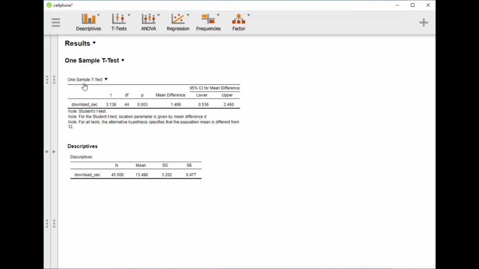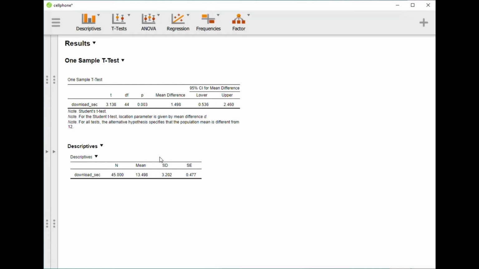So we see this bottom table, the descriptives, this is summarizing some of the information we already knew. She downloaded 45 songs. The average was 13.498 seconds. We rounded it up to 13.5. And we can see that on average, that download speed time varies by about 3 seconds.